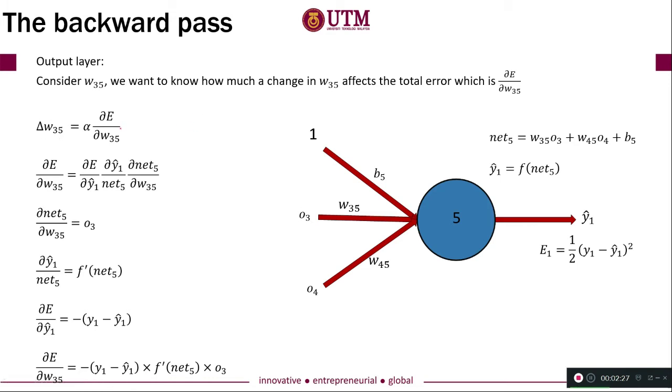Your updater should equal alpha times del E over del W35. Actually, this is the updater.